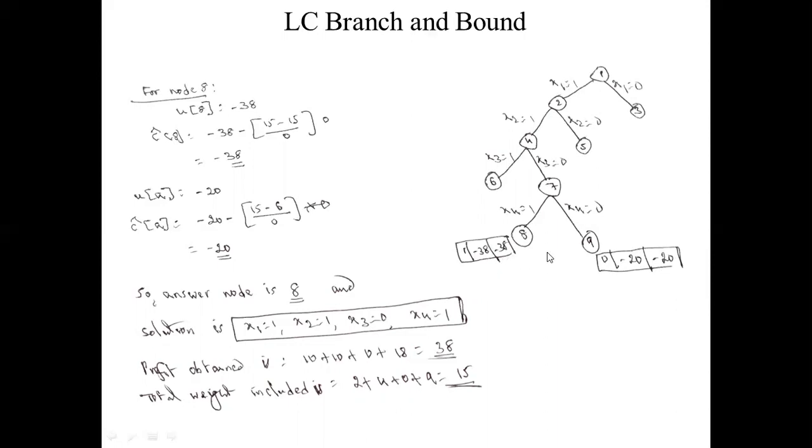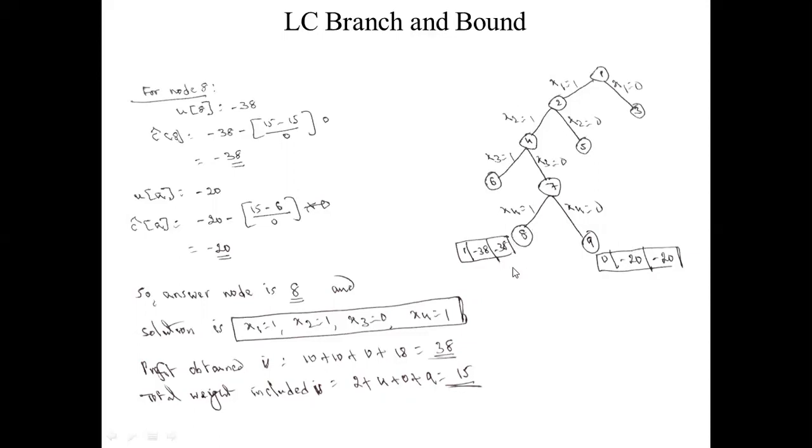Now we reach a leaf level. At the leaf level also compare the cost values of the two nodes. So the 8th node cost value is smaller than the 9th node cost value. This is minus 38, this is minus 20. So minus 38 is smaller. Now at the leaf level, after selecting the last node with the minimum cost, that node becomes the answer node.